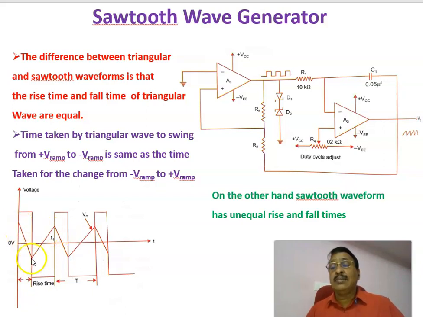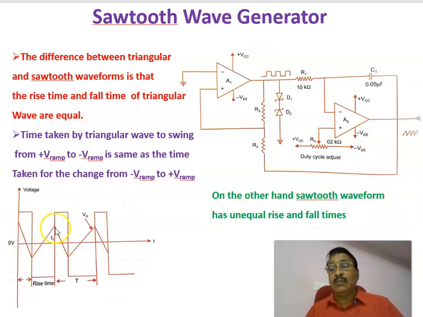Therefore, the rise time as well as the fall time are different for a sawtooth, that is, they are unequal. That's the main difference. In a triangular waveform, both the fall time and the rise time are equal, but in a sawtooth waveform they are not equal.